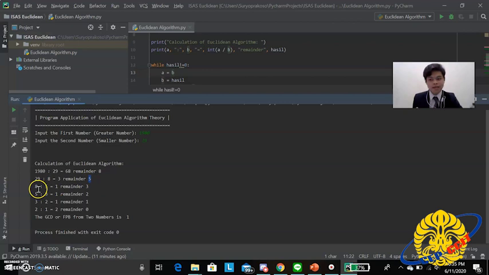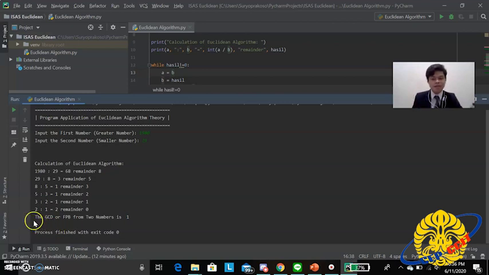Then the first remainder divided by the second remainder has a result and a remainder, which is 3, and so on until the remainder is 0. So the GCD or FPB of the two numbers is 1. Why? Because what is taken as the GCD is the value before the remainder 0, which is 1. The GCD or FPB of the two numbers is 1.